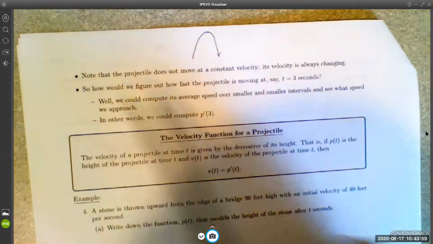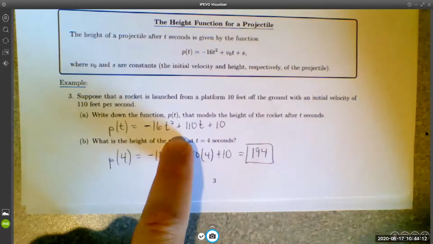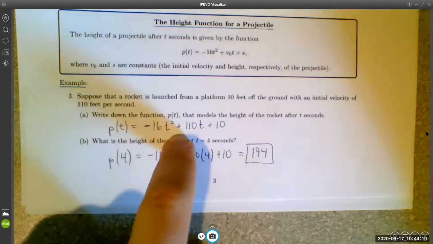So we can use this function to answer the question, how far is the projectile from the ground at any given moment in time? But if we wanted to figure out how fast the projectile is moving at any given point in time, well, how would we figure that out?